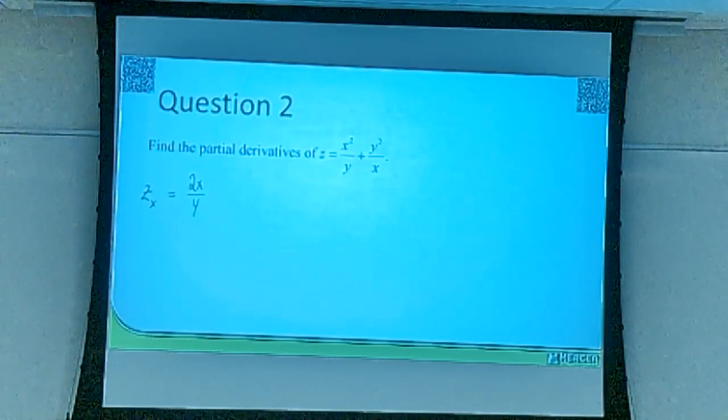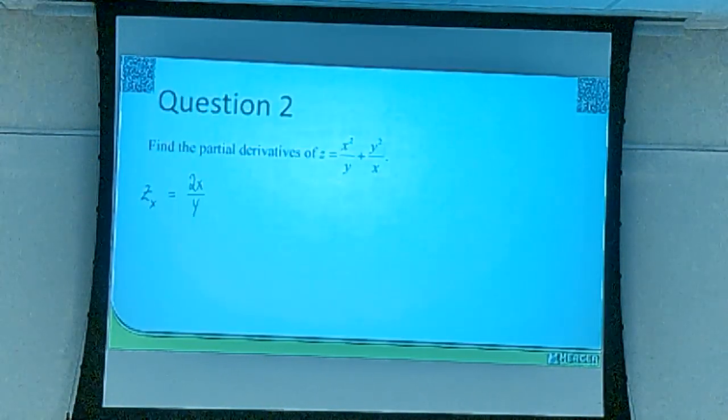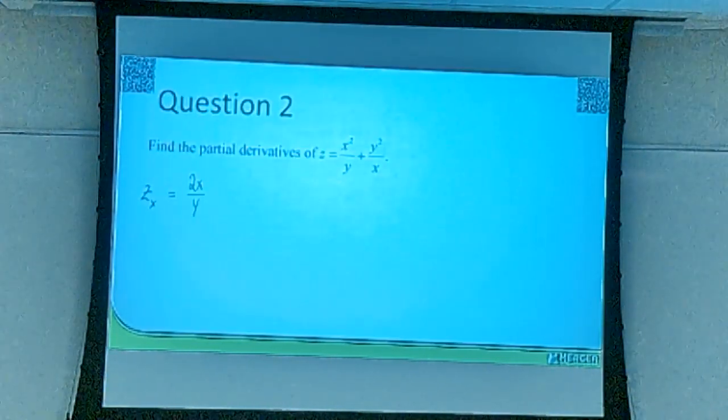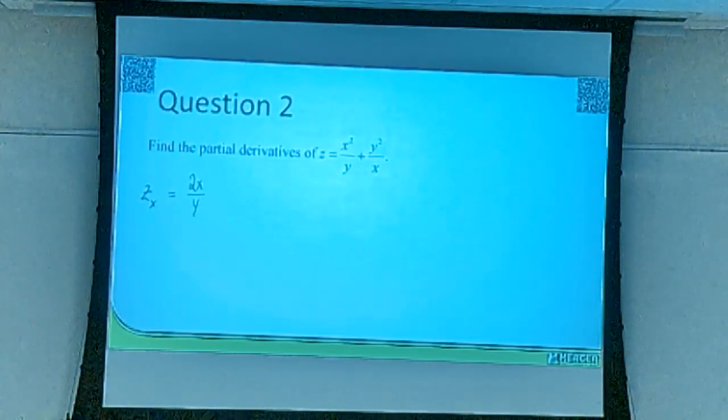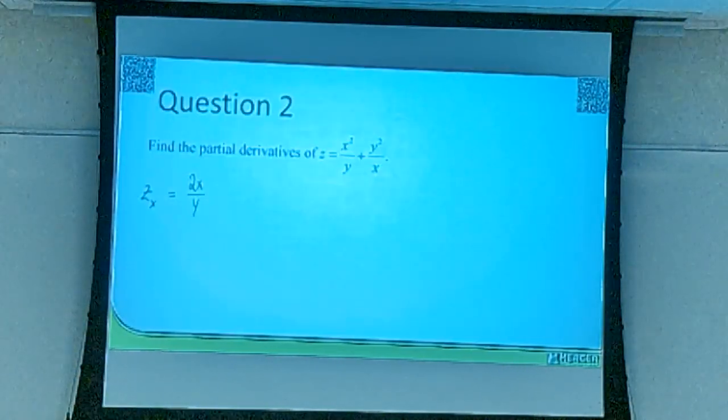Derivative of 1 over x is negative 1 over x squared. Multiply by y squared. There's your partial with respect to x.